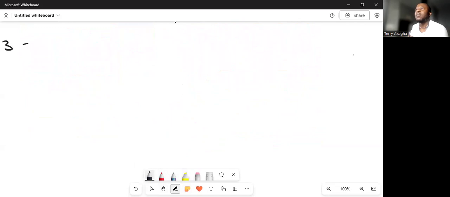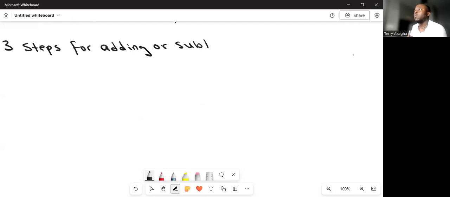We have 3 steps for adding, or subtracting vectors by using the parallelogram method.